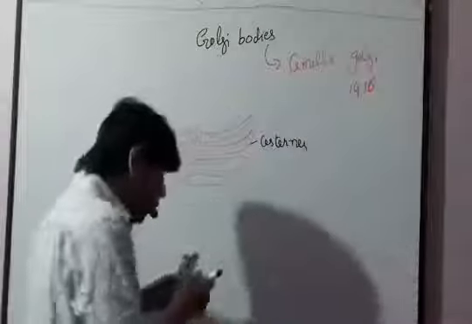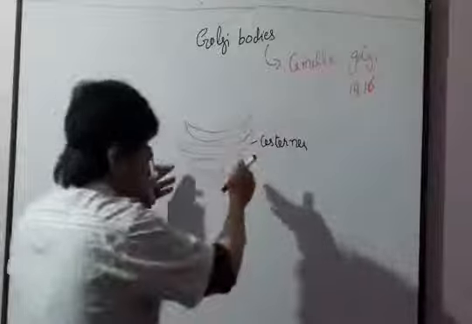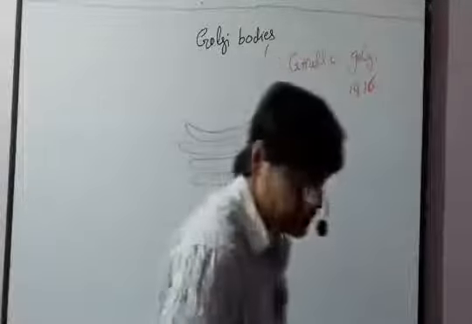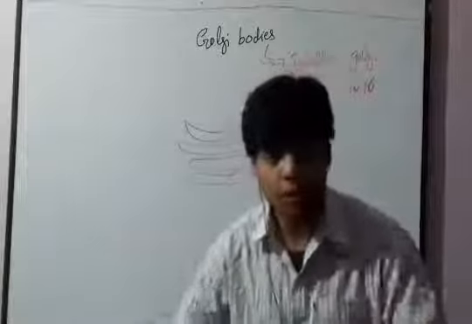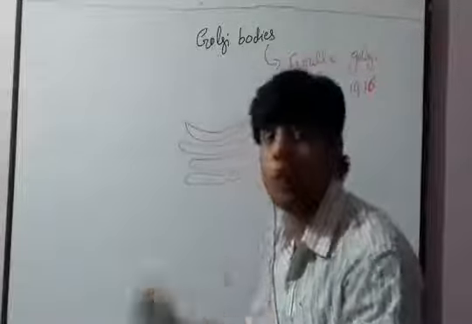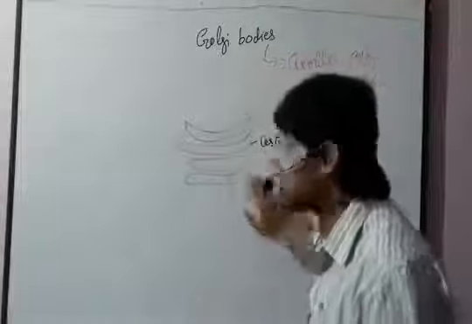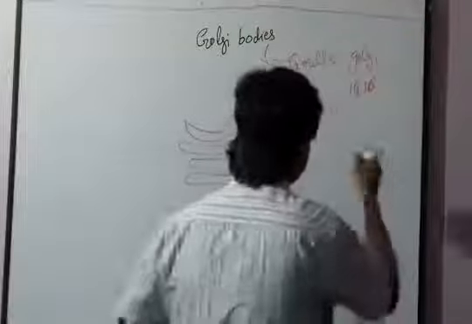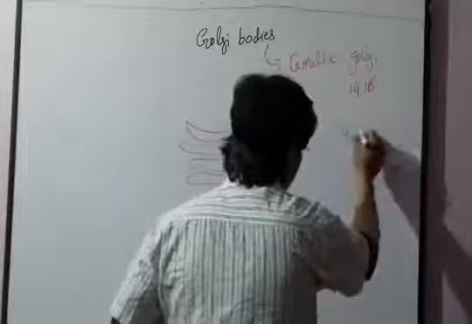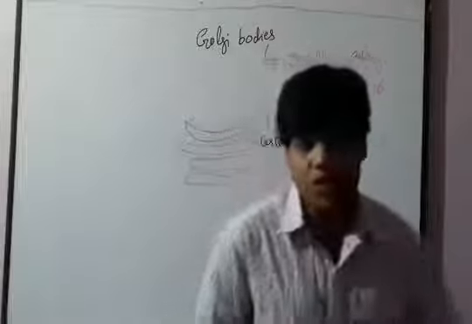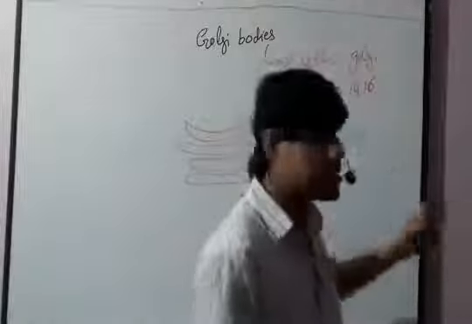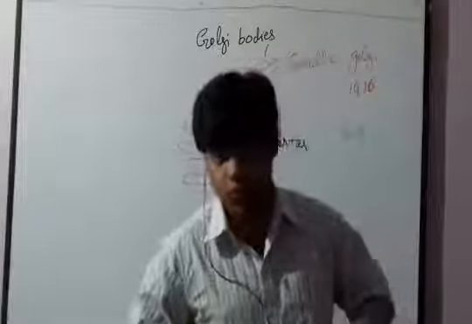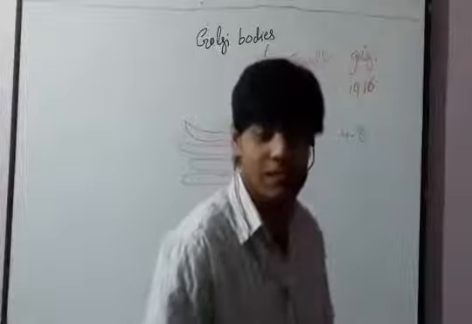Now, inside the Golgi body of the eukaryotic cell, the number of cisternae will be almost 4 to 8. So each Golgi body contains 4 to 8 cisternae, or also more than that, and it depends upon the size of the cell.